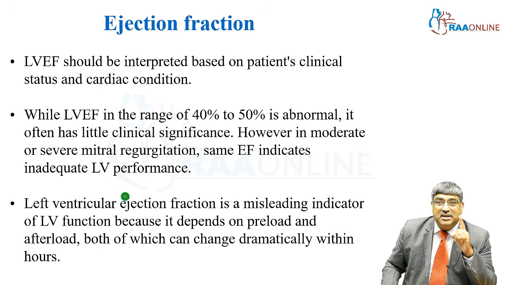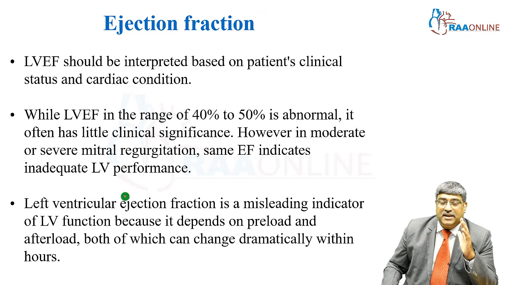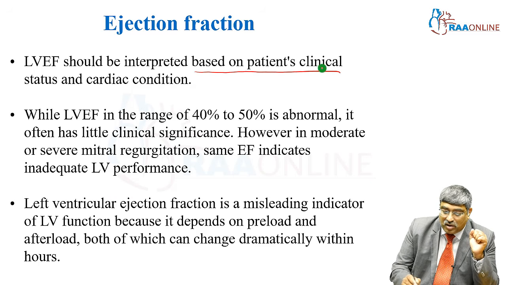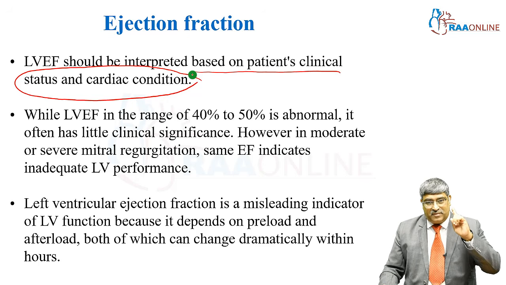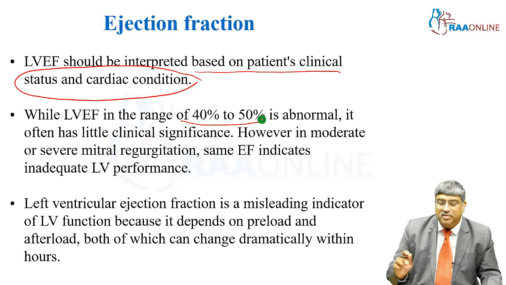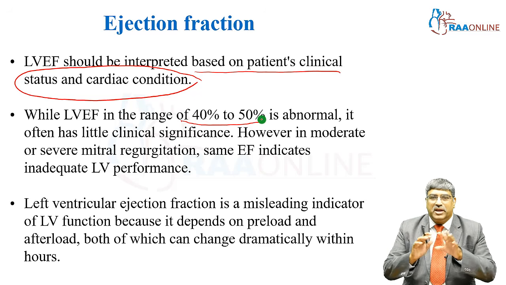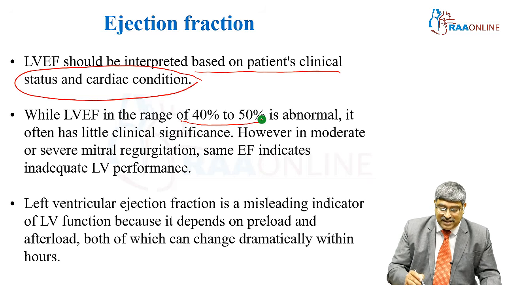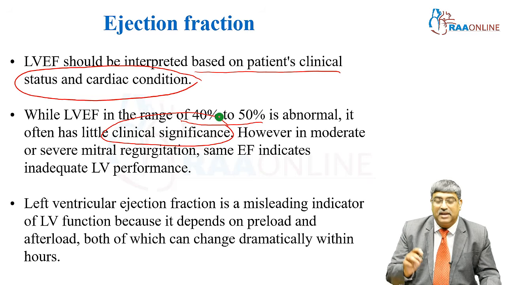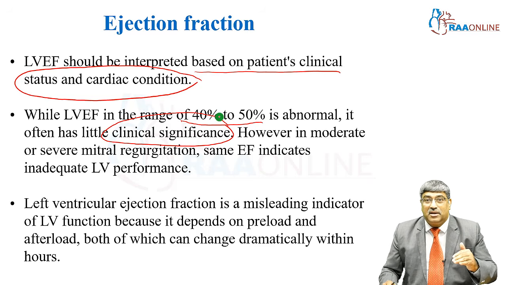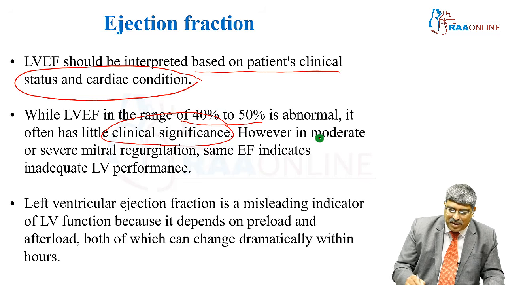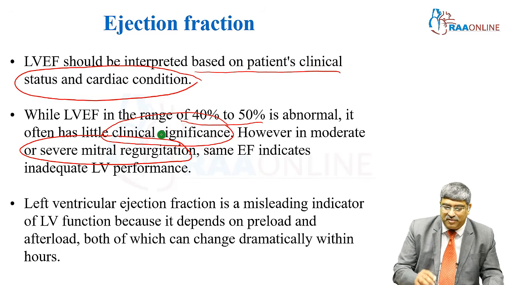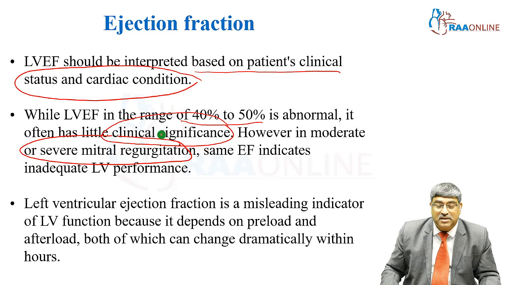But you have to understand that you have to interpret the LV function based on patient clinical status and cardiac condition. When the ejection fraction is in the range of 40 to 50%, you think it is abnormal, but it doesn't have any clinical significance. However, this 40 to 50% will have enough clinical significance if the patient has moderate to severe mitral regurgitation.